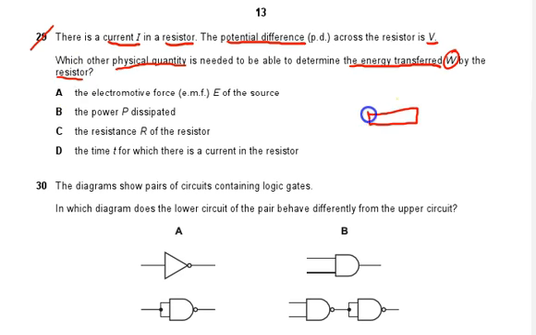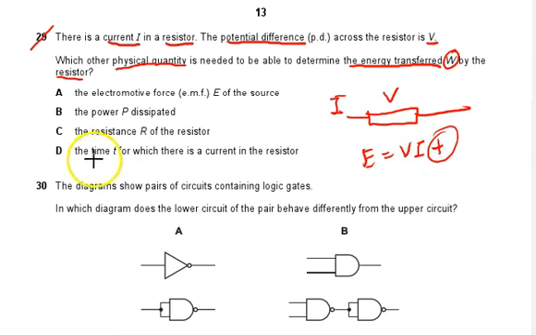So we have here the current I and also the V. When they're asking the energy, we need to have V, I and T. So we are missing this T, the time T for which there is a current in the resistance. So we need the time.